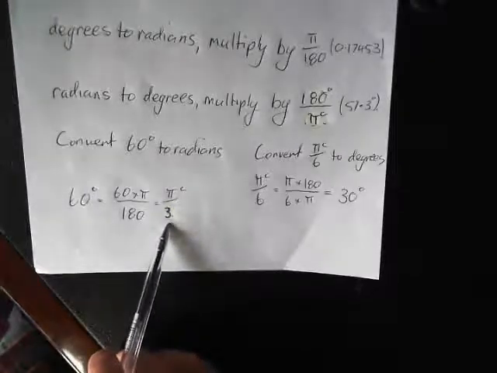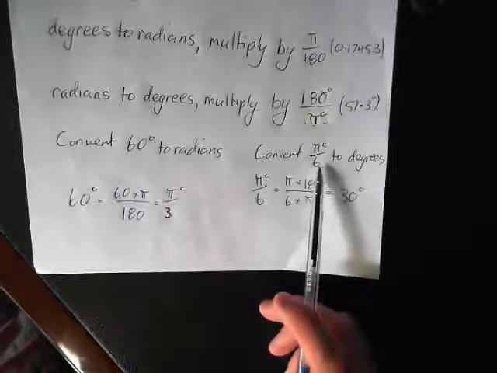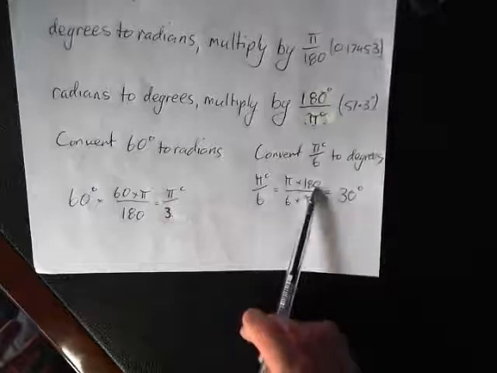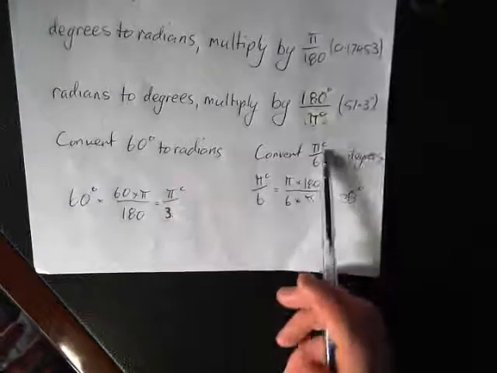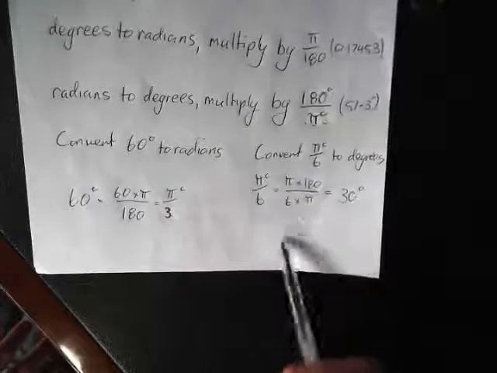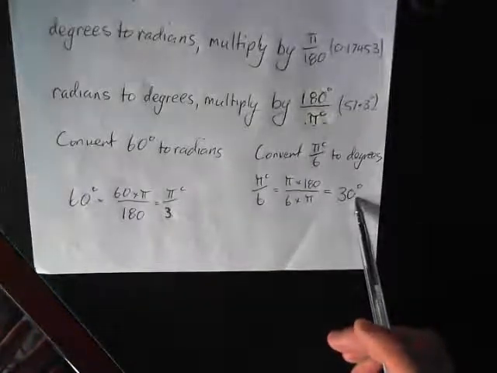It's pi on 3. If you go back the other way, if we've got a value for radians of pi on 6, it's pi times 180 divided by 6 times pi. You're taking this and multiplying it by 180 on pi. The pi cancels out. You've got 180 divided by 6, which is 30 degrees.